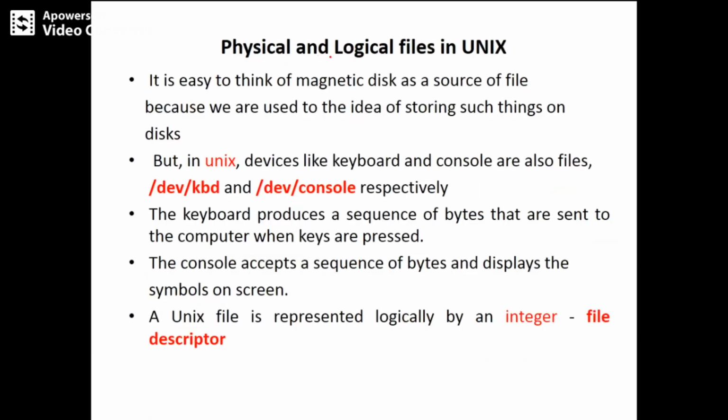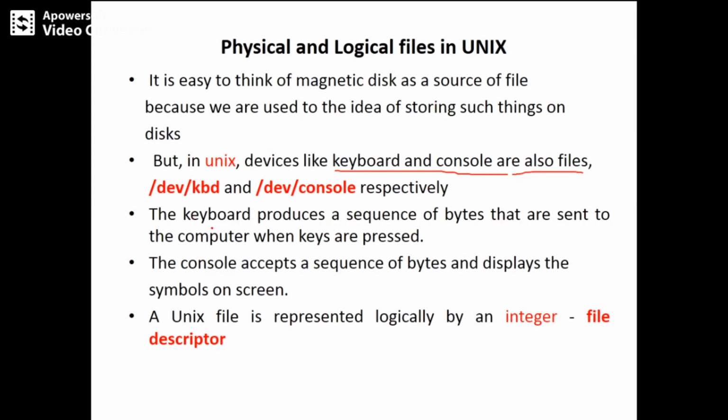Then, what are physical and logical files in Unix? In Unix, everything is kept as a file or directory. For example, devices such as the keyboard and console are also files in Unix.